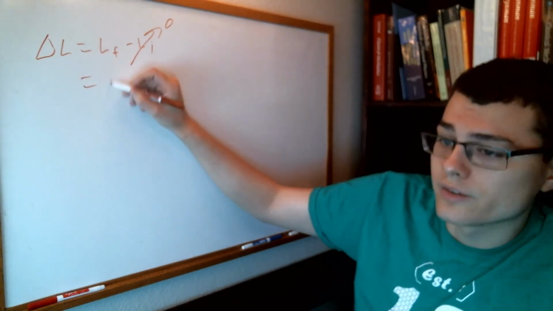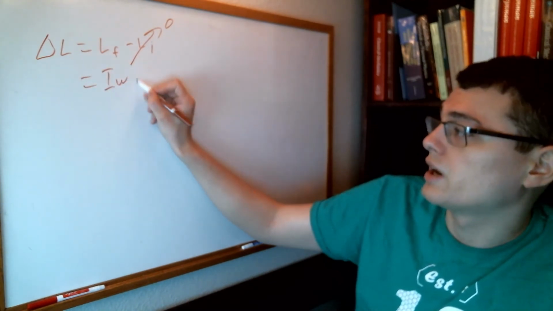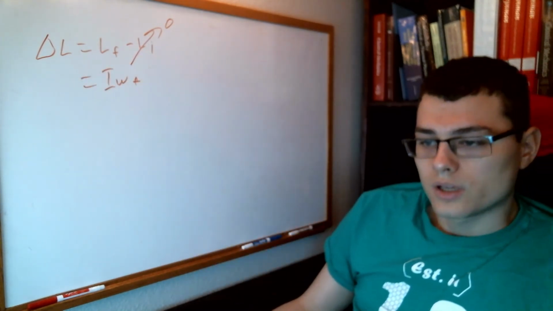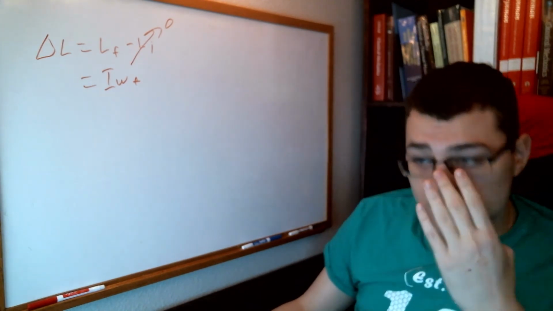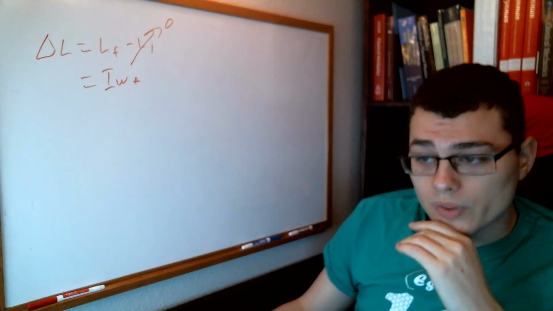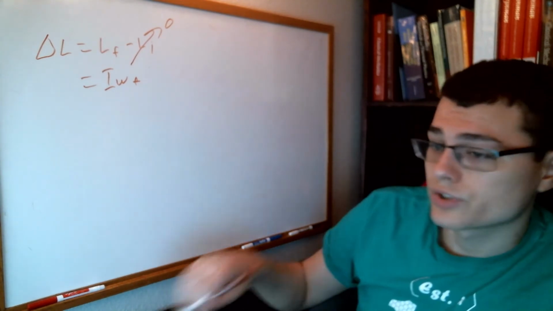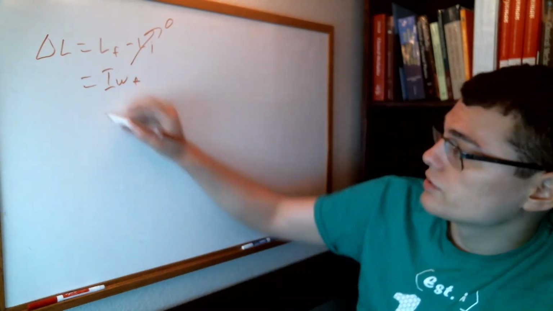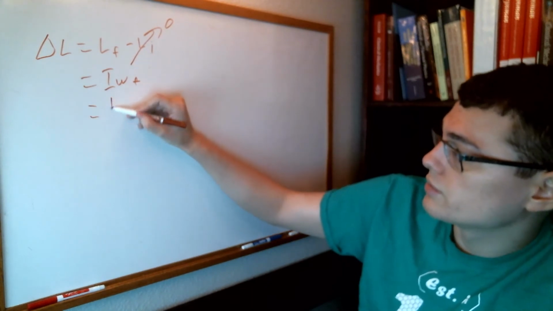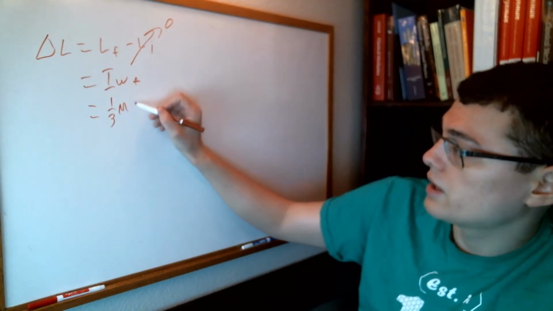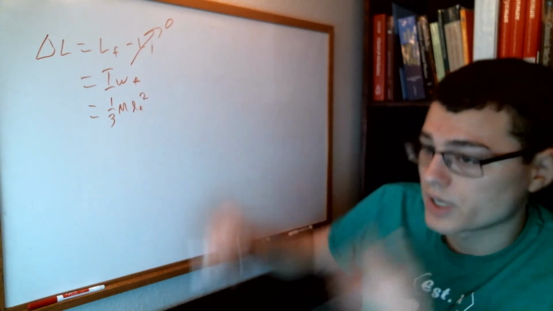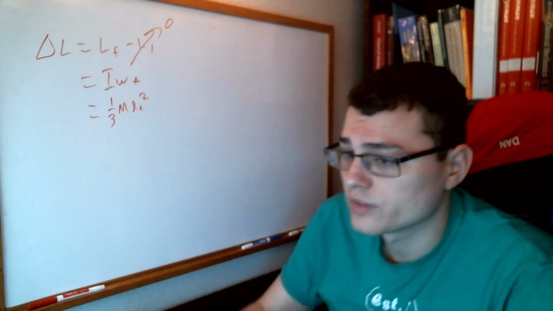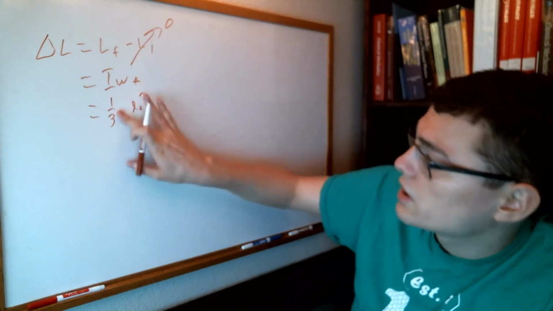So then LF is just equal to I omega F. Okay, so it's 4 blades, and remember that the moment of inertia for each blade is going to be 1/3 m R squared, in this case 1/3 MF LF squared.